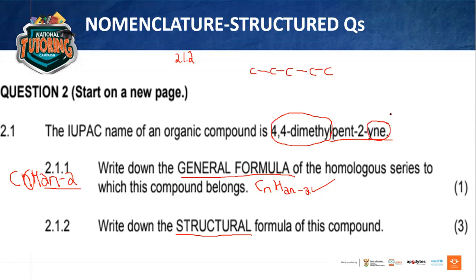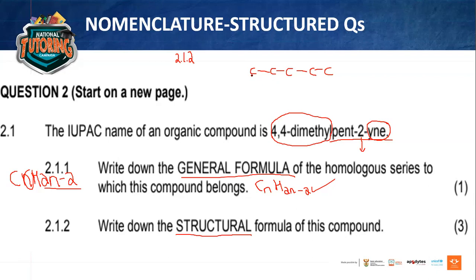So the name ends with yne. It means this molecule belongs to alkynes, and we know alkynes have a triple bond between carbon atoms. And this 2 gives us the position of that triple bond because it is the functional group.